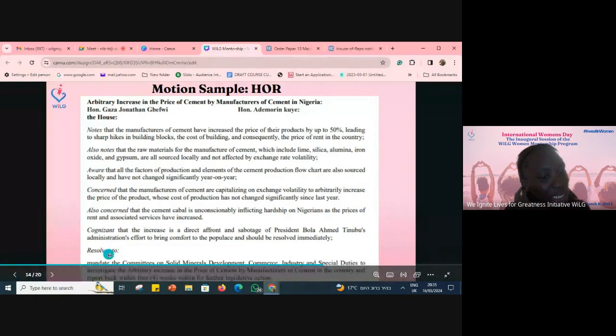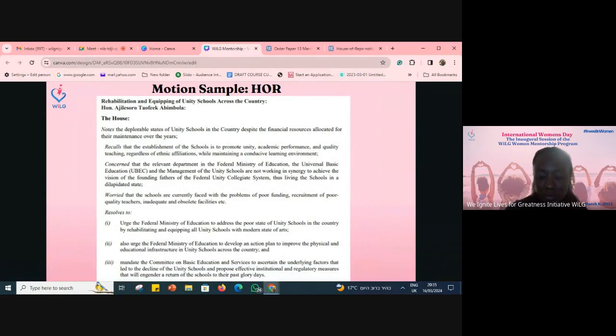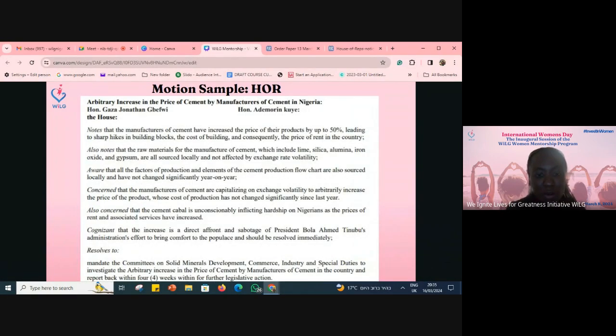Look at the word that whenever they're talking to their committees, that's referring to themselves, the committee on solid minerals, development, commerce, industry, and special duties to investigate the arbitrary increase in the price of cement by manufacturers of the cement in the country and report back.